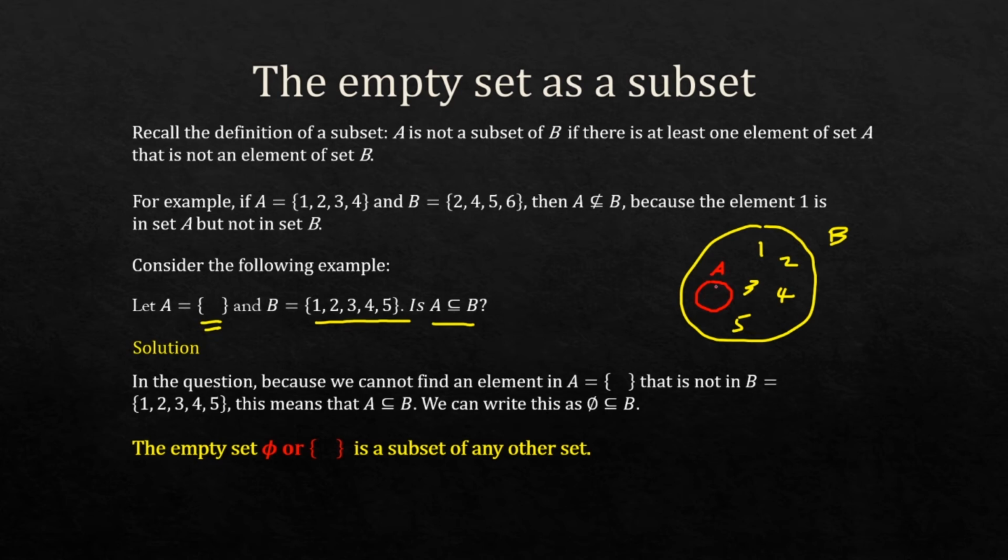There are no elements in A which are outside here. Therefore, set A, which is an empty set, is a subset of set B. In general, the empty set, which can be written as this symbol or empty brackets, is a subset of any other set.